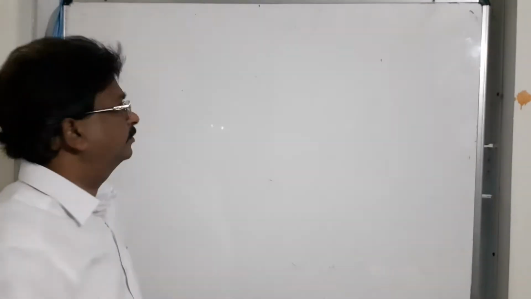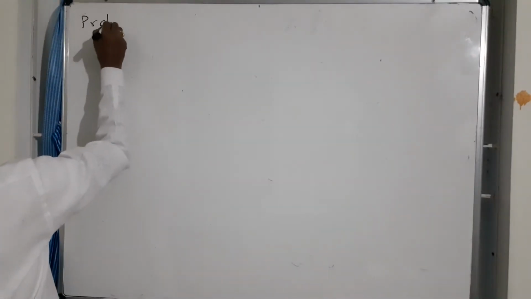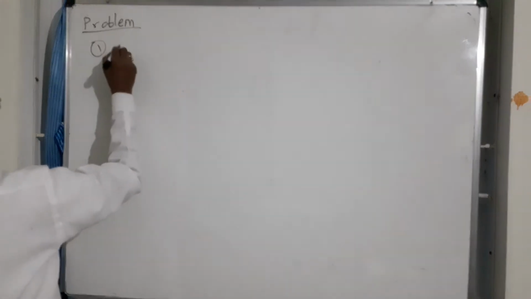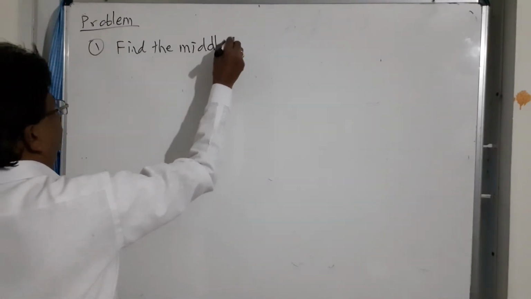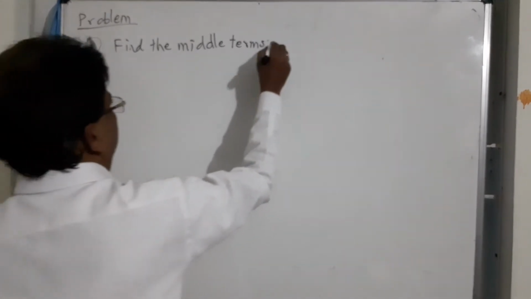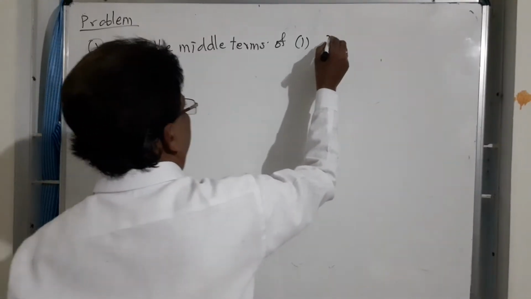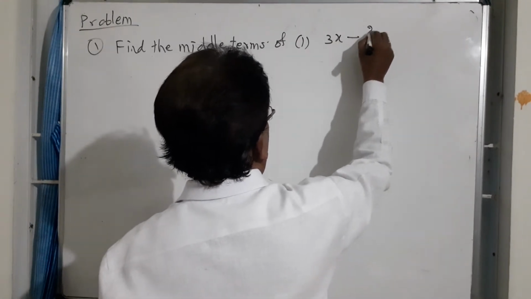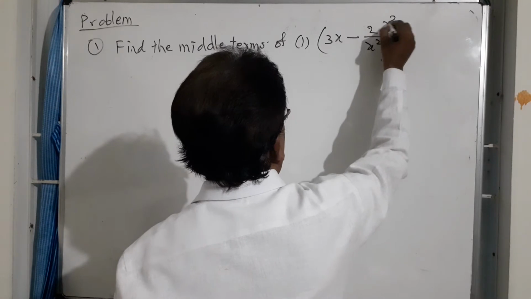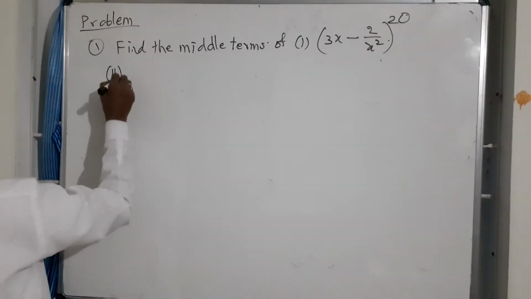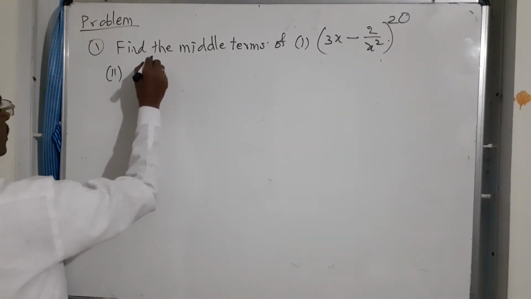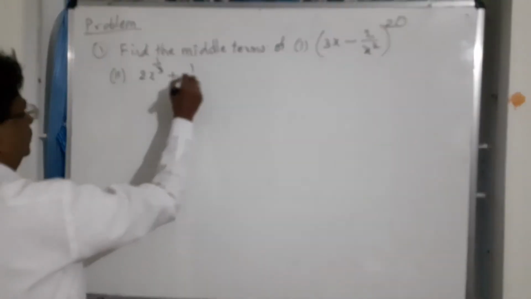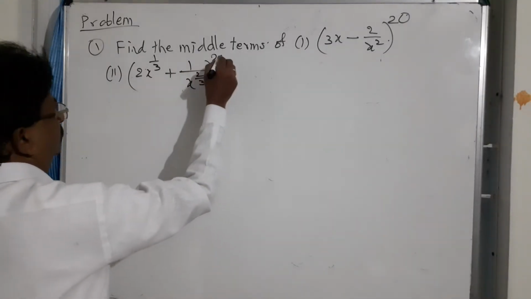Okay, a problem. Find the middle terms of (3x - 2/x^2)^20 and 2^2 x^(1/3) + 1/x^(2/3) whole to the power of 21.